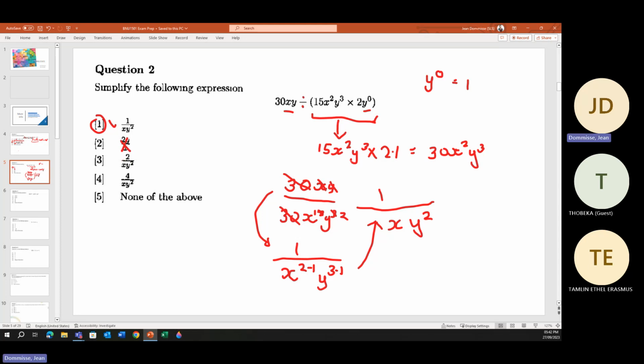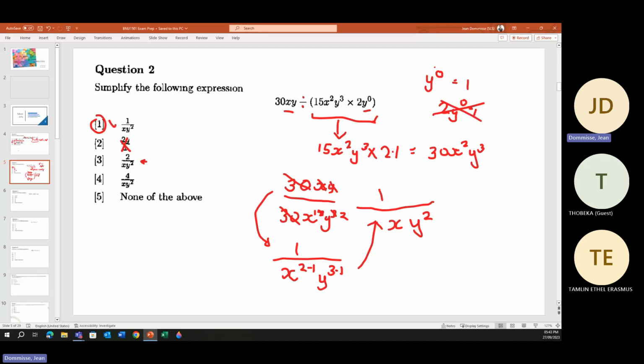If we didn't know what to do with a 2y to the power of 0, and we made that whole thing 1, we would have gotten the 2 over xy to the power of 2, and I don't know how we would have gotten that one. But if we set this whole thing equal to 1, then we would have gotten that as a possible answer.